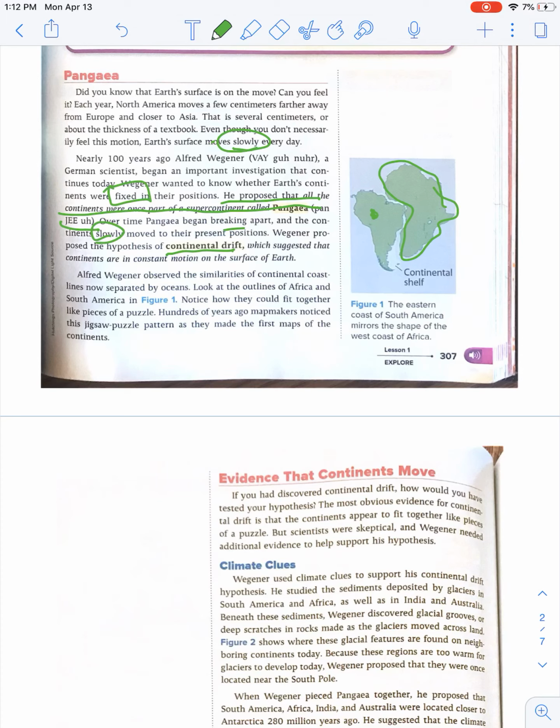There's Africa, and here is South America. He observed the similarities in their coastlines. Now look at the outlines of Africa and South America. Notice how they could fit together like pieces of a puzzle. Hundreds of years ago, map makers noticed this jigsaw puzzle pattern as they made the first maps of the continents.